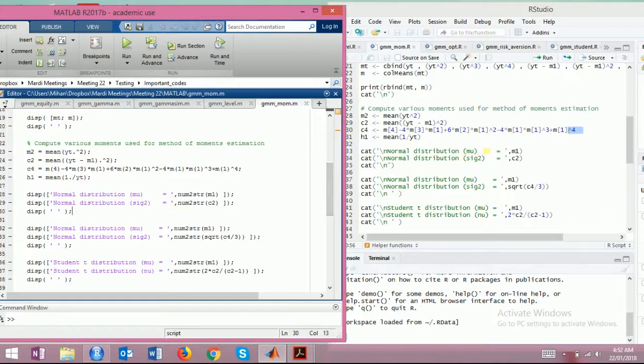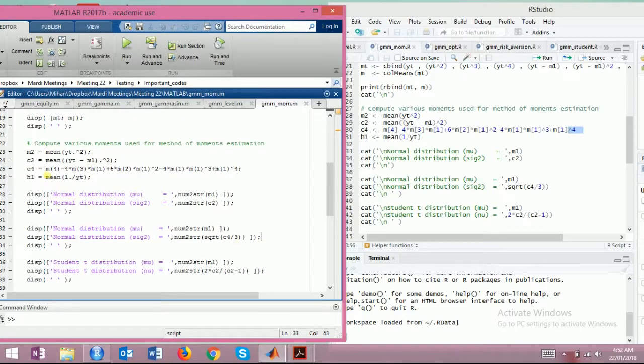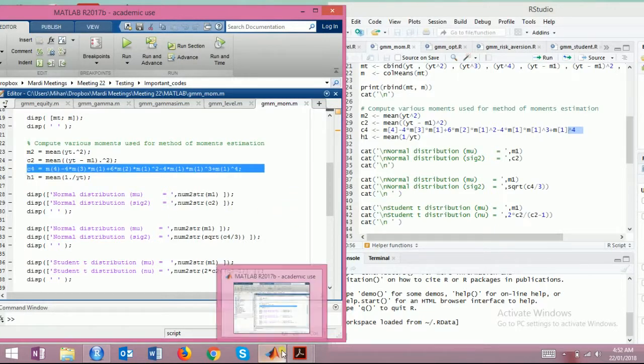So concatenate and display, starting with an N: M1 and then C2. Normal distribution of M1 and the square root of C4 divided by 3.